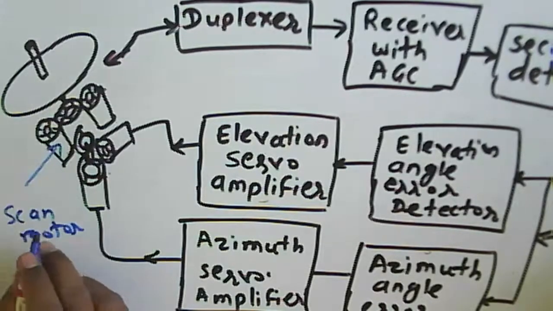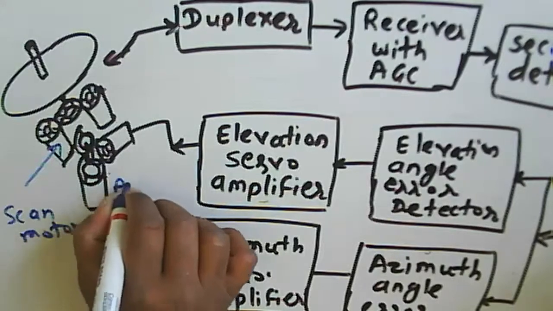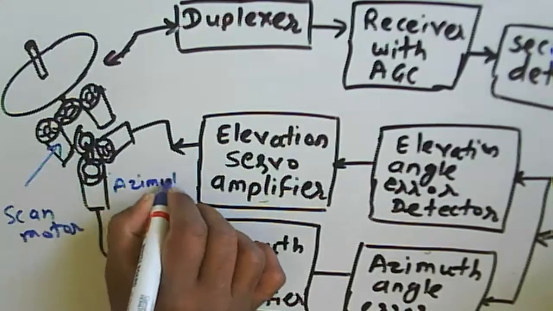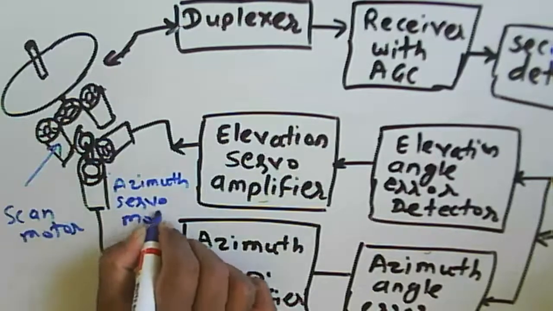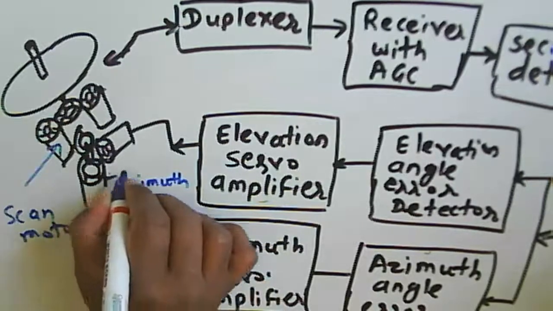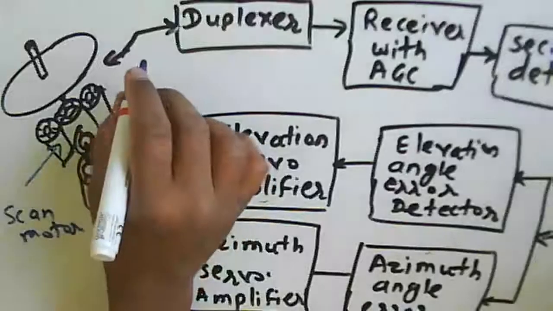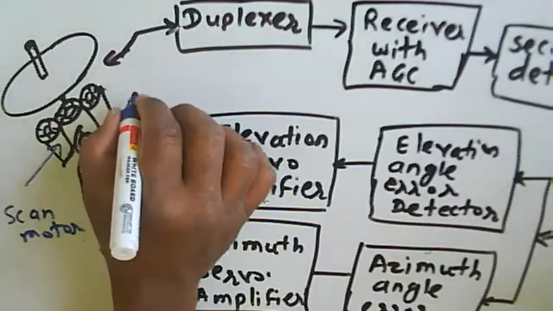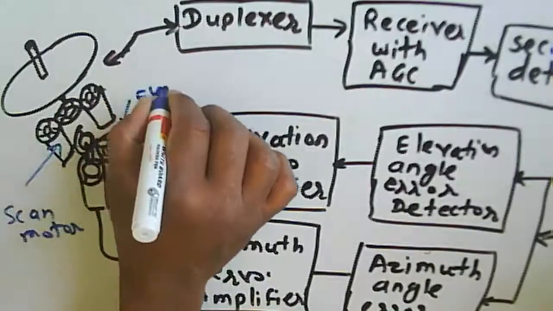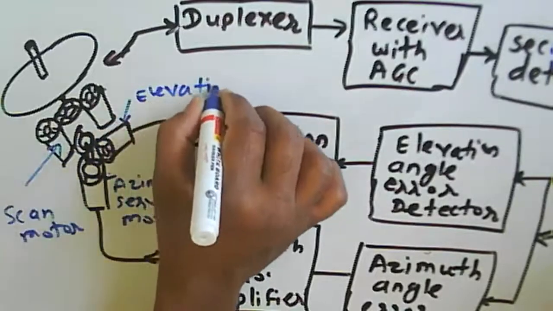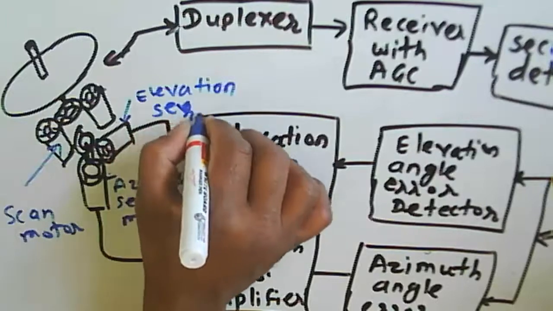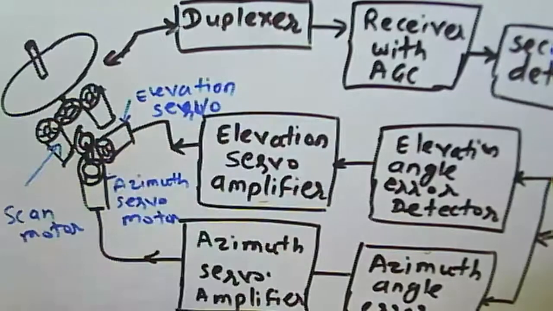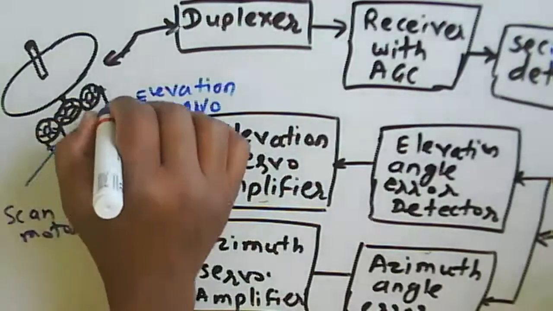This one is about an azimuth motor, and this one is about what? We can say the elevation servo motor. Now this azimuth and elevation are the signals.